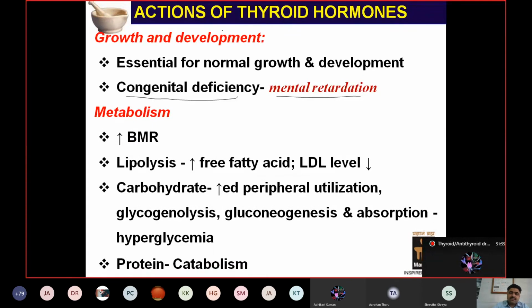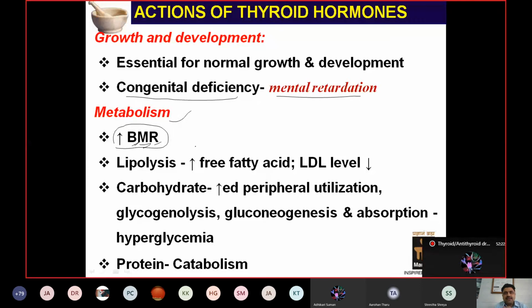Metabolism: generally, thyroid hormone has an indirect action. It indirectly affects the metabolism. Ultimately, what it does is increase the BMR, the basic metabolic rate. So when thyroid hormone is less, the BMR decreases, and when there is more thyroid hormone, there will be more.